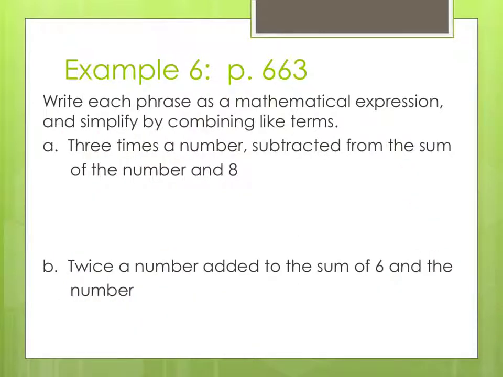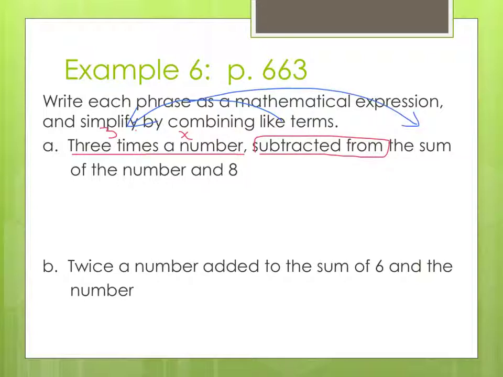Example 6 on page 663. Write each phrase as a mathematical expression and simplify by combining like terms. So 3 times a number is going to be 3 times x subtracted from, remember subtracted from is one of my 4 terms that switches the order.